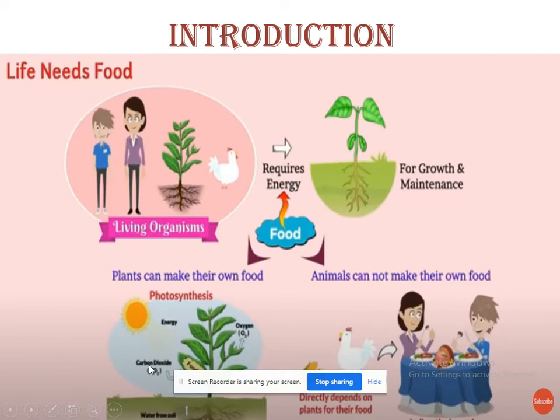With the help of all these components, plants prepare their own food. That process we call photosynthesis, right? And animals cannot make their own food. Human beings and animals cannot prepare their own food, so they depend directly or indirectly on plants for food. This is the basic thing you all should know.